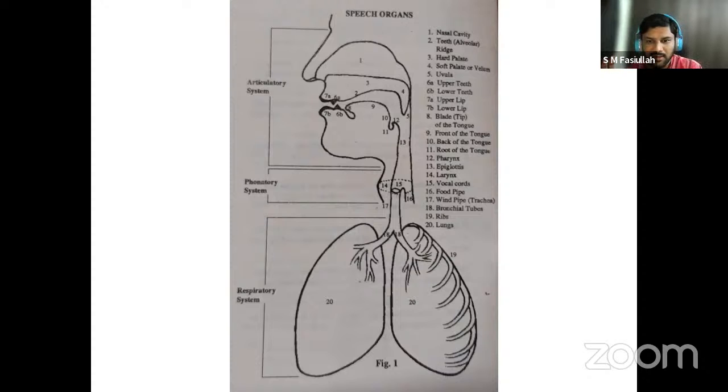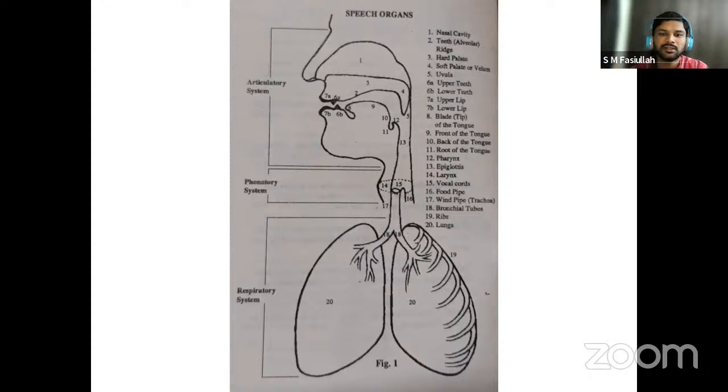The first area is a portion of your mouth. If you look at the image, the upper part of your head, right from above your chin, or above what we otherwise call the Adam's apple, whatever part above it is involved in the production of sound, that whole system is called the articulatory system.